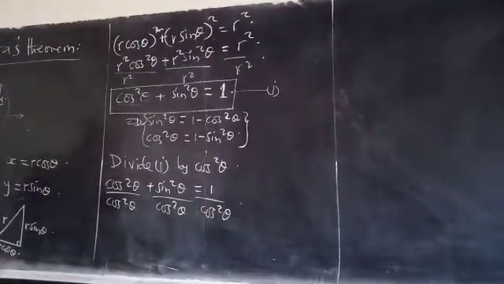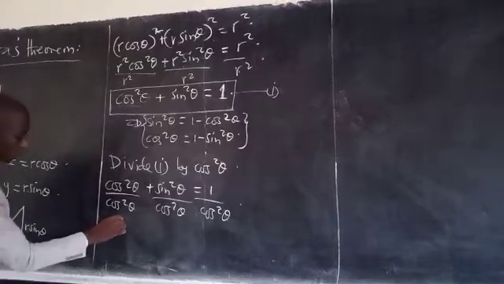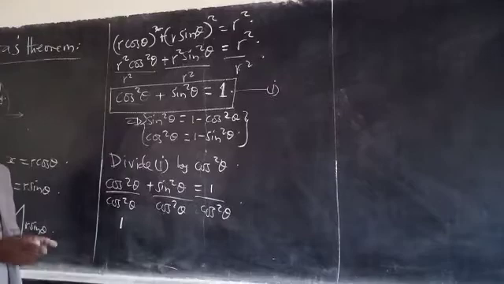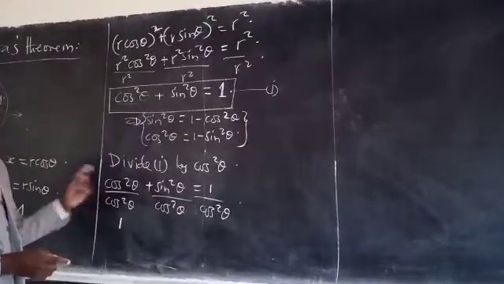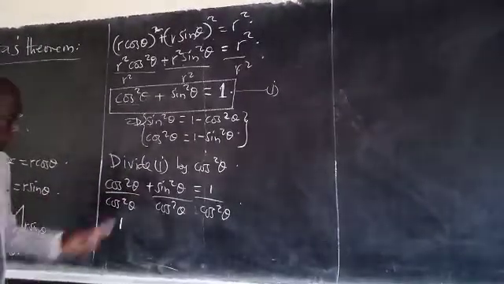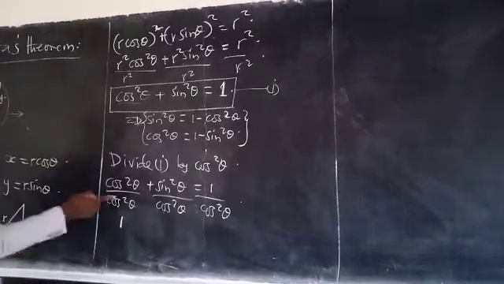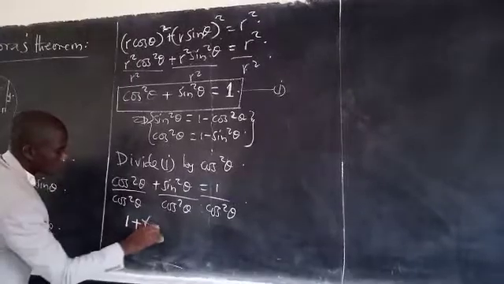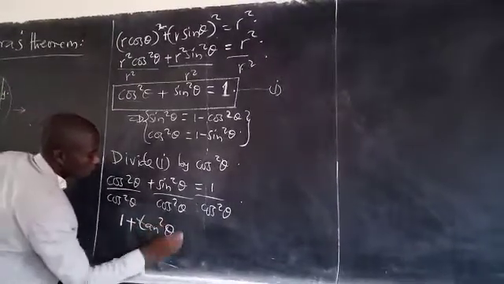What do we get? Cos squared divided by cos squared is 1. A sine over a cos is a tan. So the sine squared over cos squared is a tan squared theta. So this is plus tan squared theta.